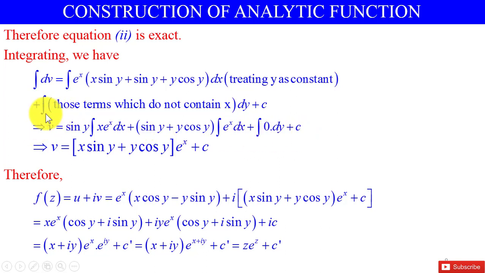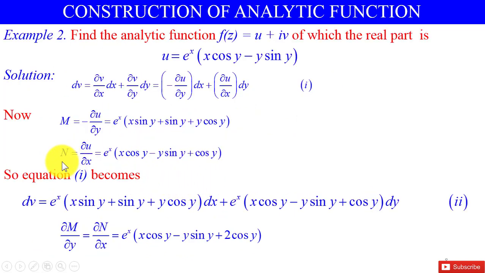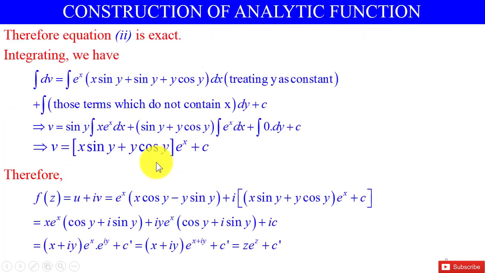The last term is 0 because n does not contain any term without x. So, v = (x sin y + y cos y) e^x + c.